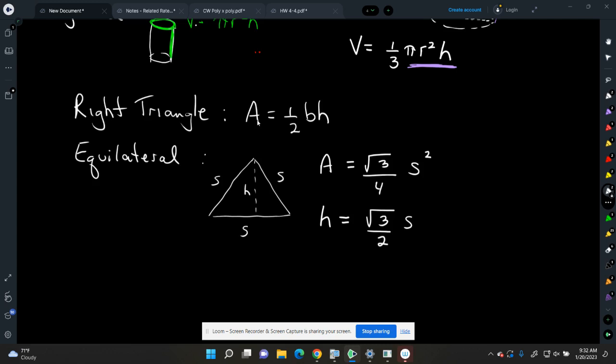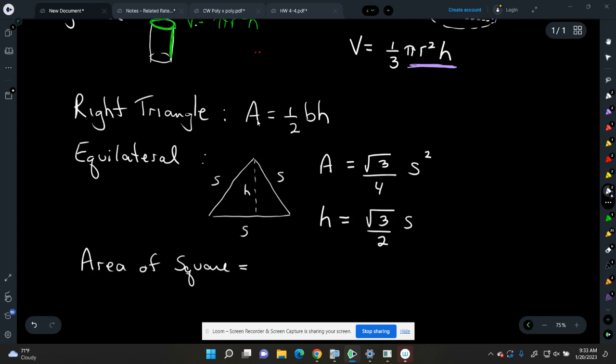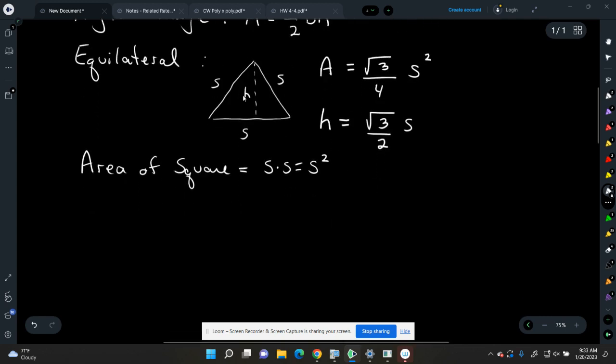Volume of a cube. So area of a square is side times side, or S squared, right? Volume of a cube is S cubed.